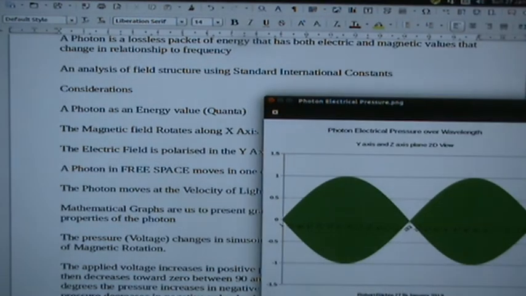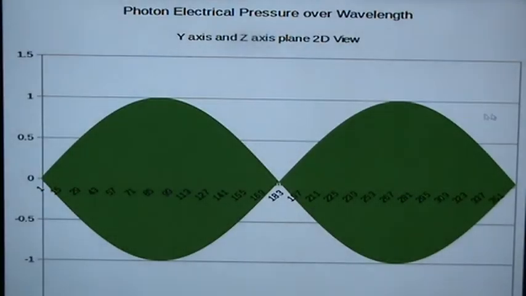Right, this picture here, this is three-dimensional, but we're only looking at a two-dimensional view. This is the photon's electrical pressure over its wavelength. Now, this is not what a photon looks like, but this picture produces the actual image of the photon.